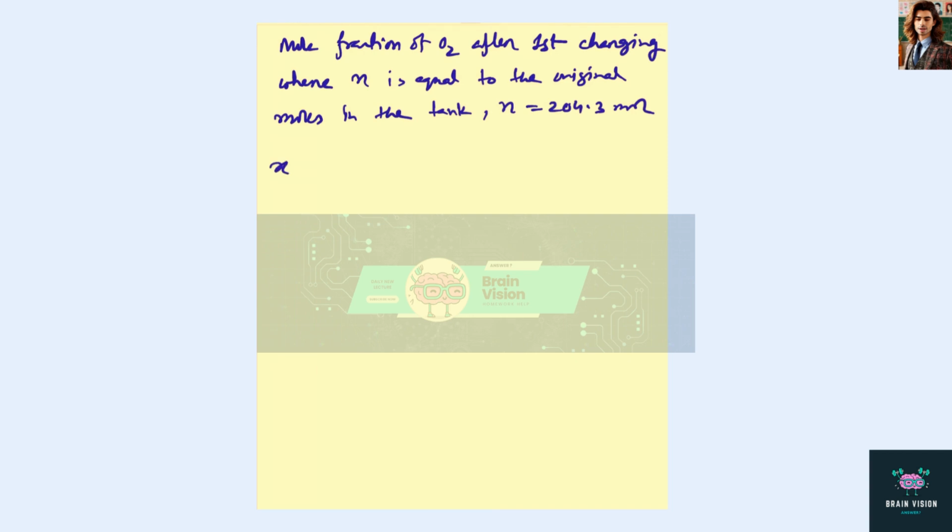Now we can calculate the mole fraction after first charging. It is equal to the mole fraction of oxygen in the air, which is 0.21, multiplied by number of moles of oxygen during the first charging divided by the number of moles of gas.